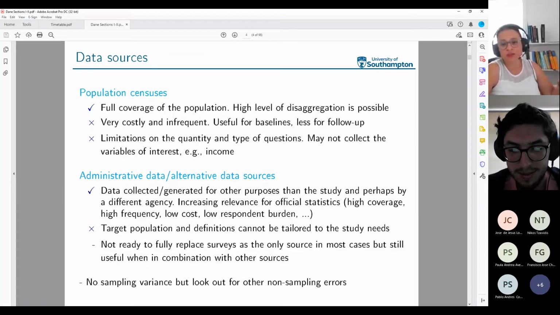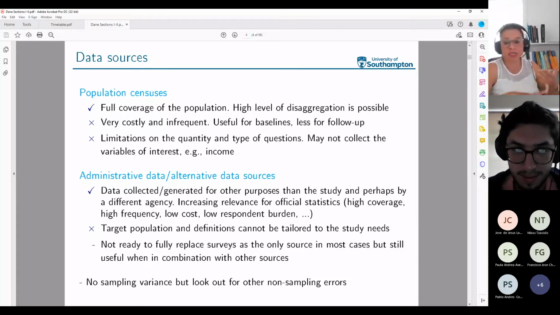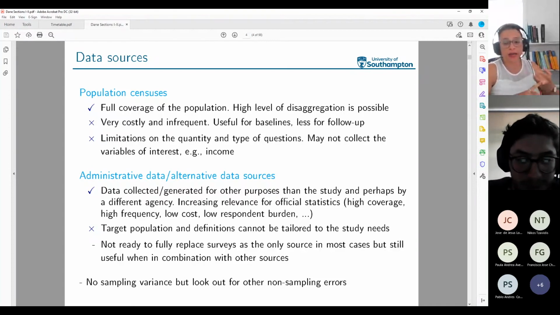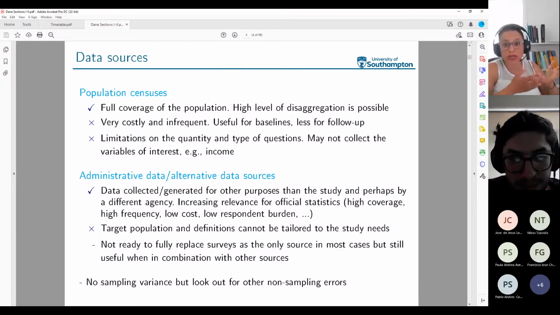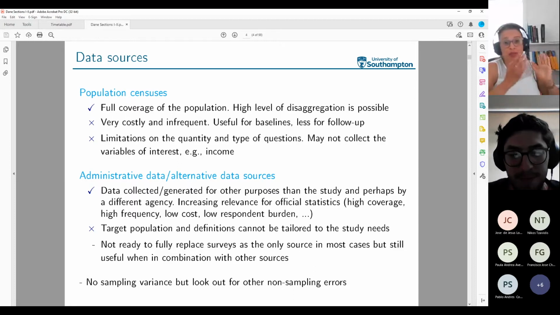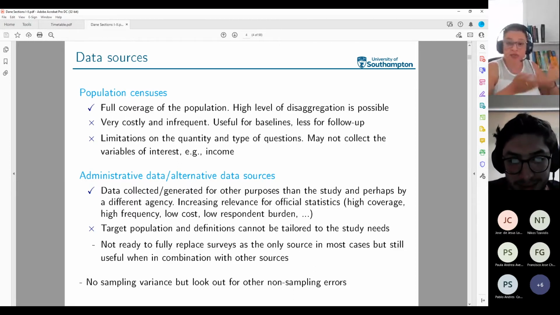And that may mean what? 5 questions, 7 questions, 10 questions. You need to know if people are employed or unemployed, if they have rents, if they have, I don't know, bonds. There may be so many different sources of income that including income in the census would make the questionnaire relatively large. And because the census is very expensive, you cannot really afford to ask all those questions.